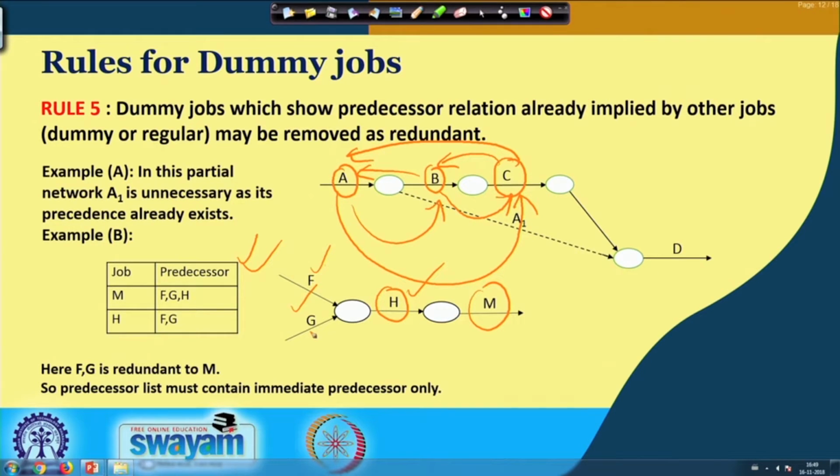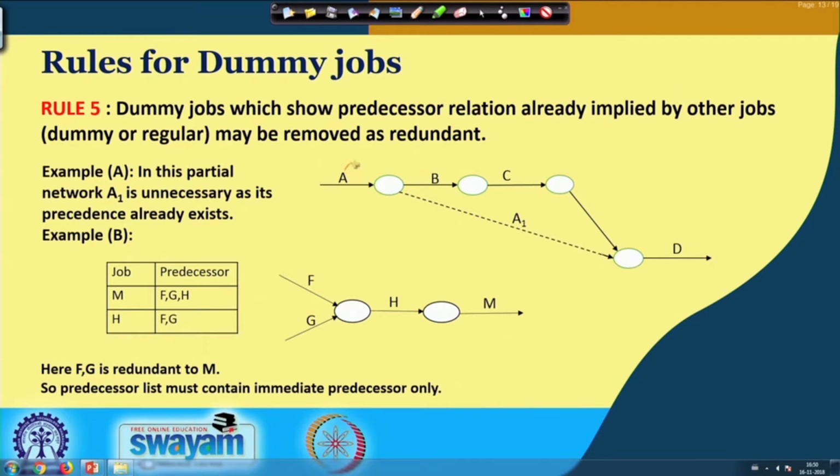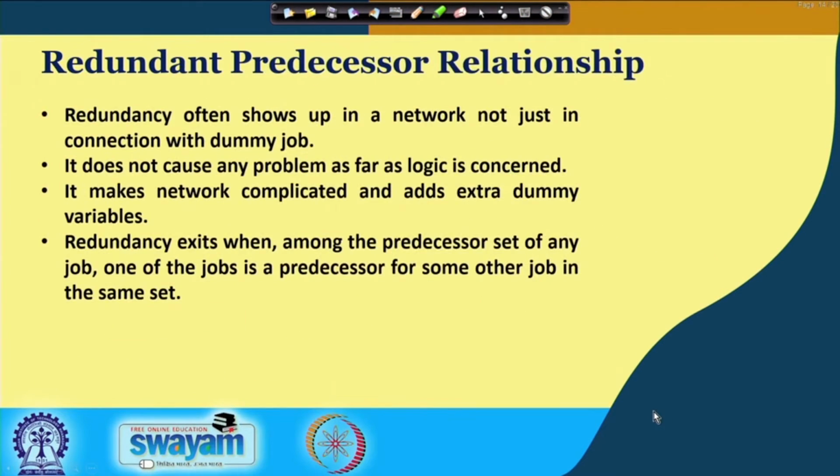So, if I am mentioning A as the immediate predecessor of D, it is also the distant predecessor of D. So, mentioning A as the immediate predecessor has no meaning, but unnecessarily if we are mentioning it, then while we are mapping the computer program, the computer will be camouflaged. So, that is why unnecessary, it takes longer time for the analysis, it also may arrive at a difficult condition.